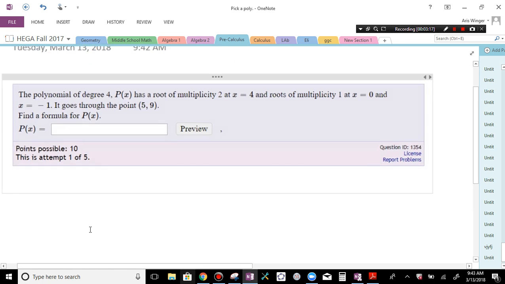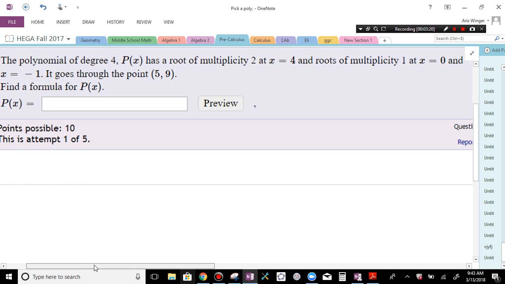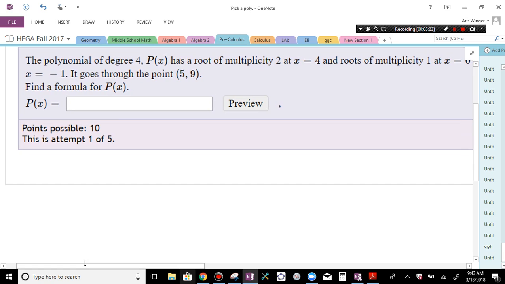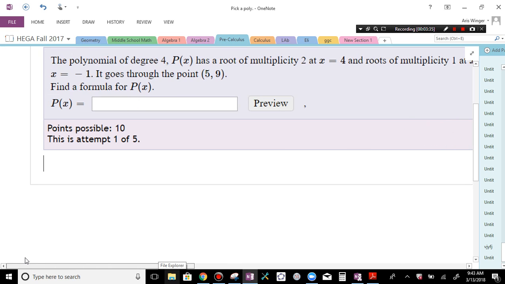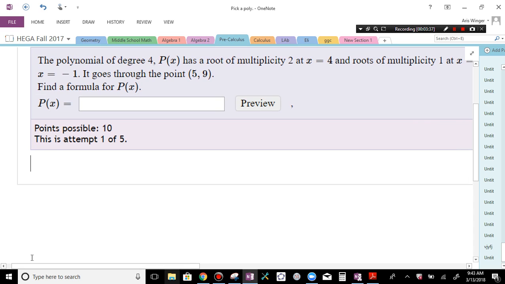Polynomial of degree 4, p of x has a root of multiplicity 2 at x equals 4 and roots of multiplicity 1 at 0 and negative 1. It goes to the point 5, 9.